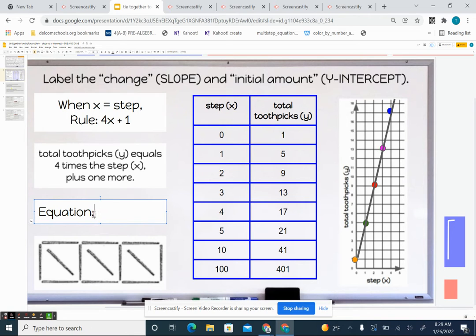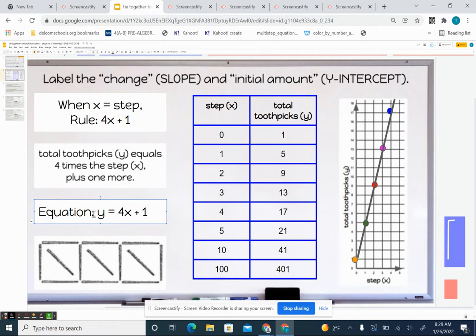So I could write an equation, knowing that y is the toothpicks: y equals 4 times the step plus 1. I'm throwing a lot at you all at once, and we're going to keep coming back. I'm just trying to give you the great big picture, and then we'll look at the individual pieces as we go along.